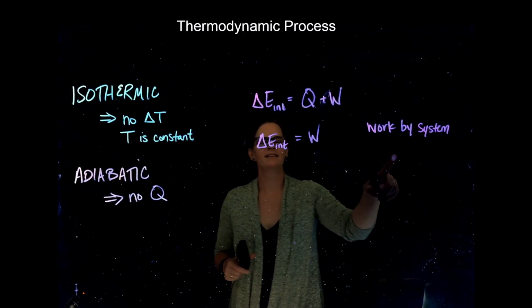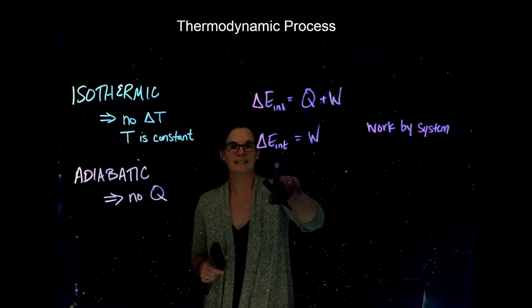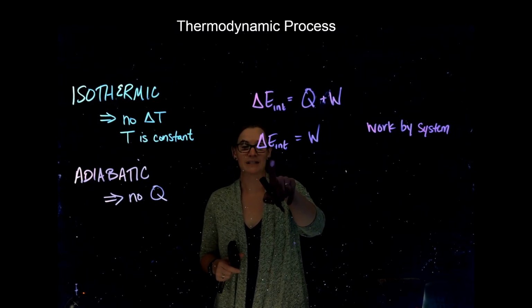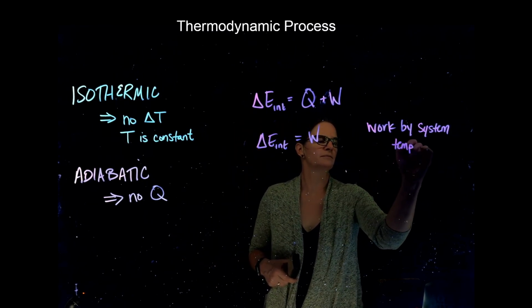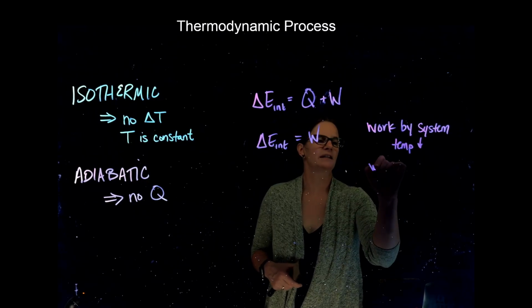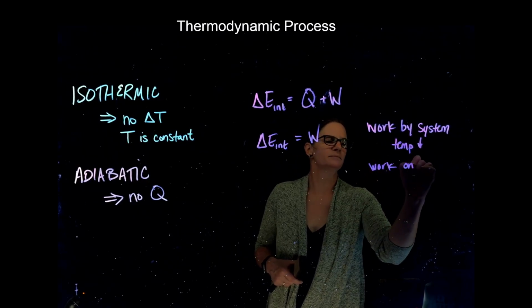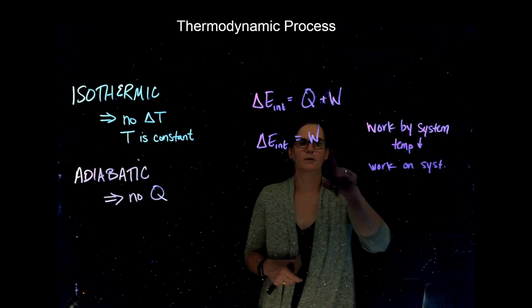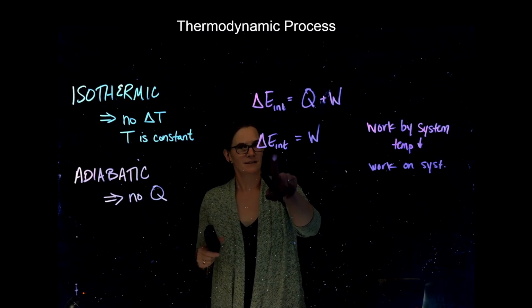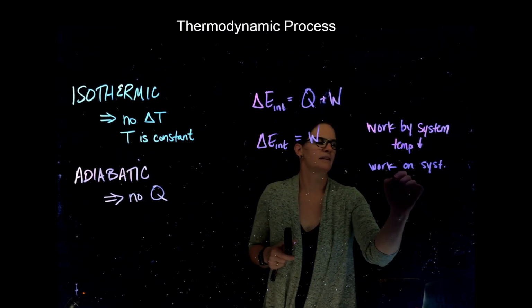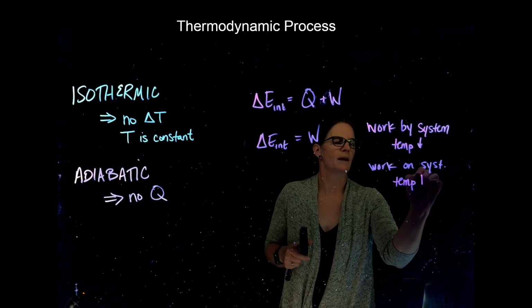If the work is done by the system, the work is negative, the change in energy is negative, and that means the temperature went down. If the work is done on the system, the work is positive, based on our definitions before. The change in energy is positive, and that means our temperature went up.